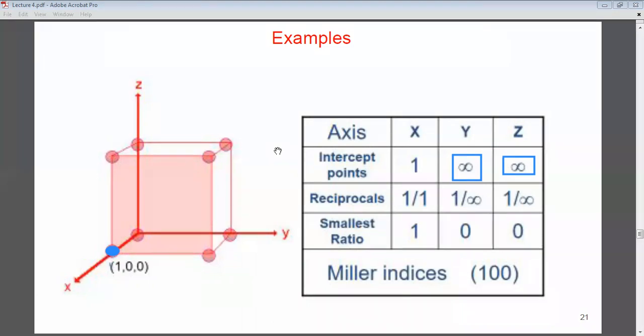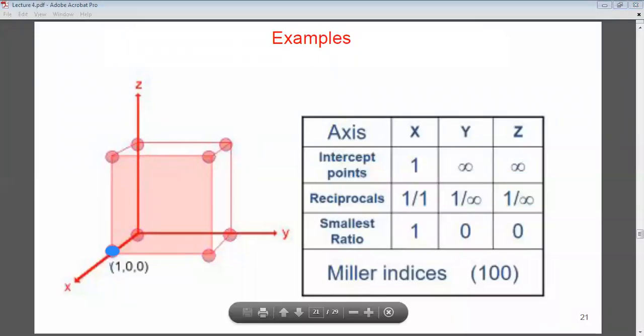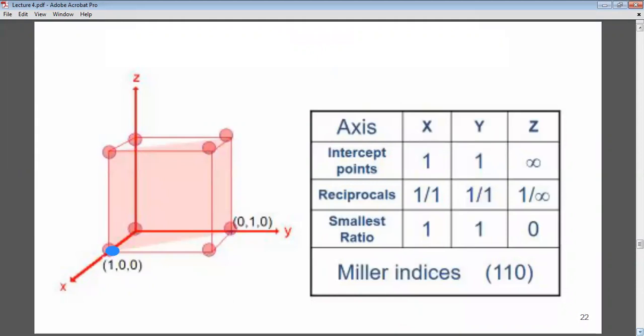Let's take another one. So this point here is 1, 0, 0, and this point here is 0, 1, 0, okay? And it doesn't hit the z-axis, it's parallel to it. So it hits the x-axis at point 1.